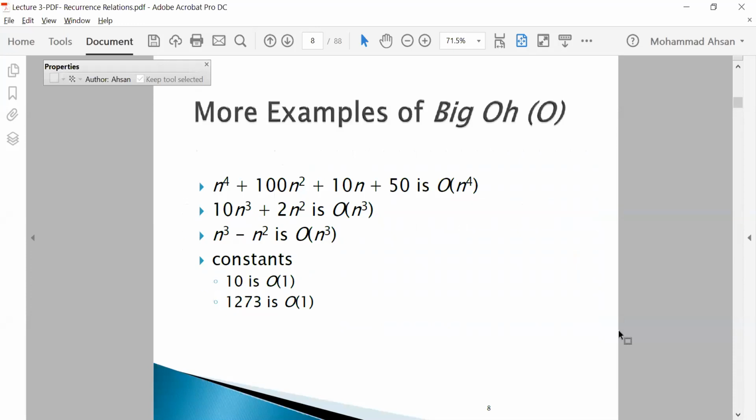Okay, more examples. When you see a polynomial, drop the lower order terms. It is O of n4. Second one, O of n cube. Third one, O of n cube. Any constant you see, let's say 10, it is O of 1. O of 1 means constant.